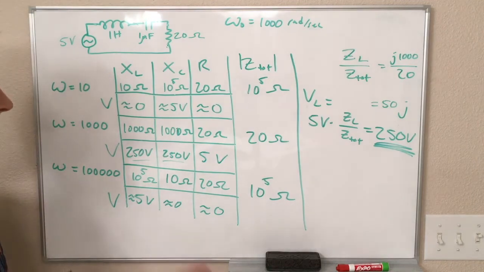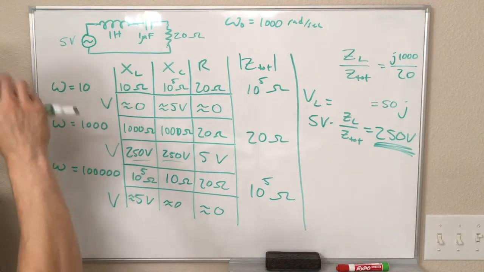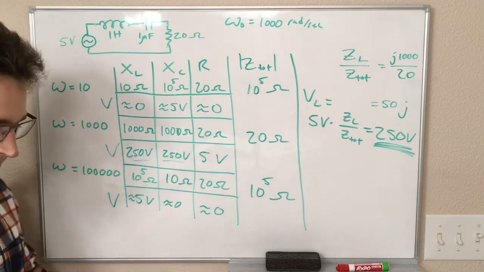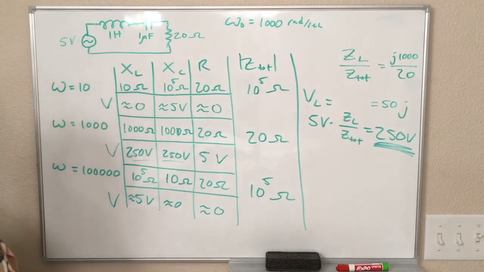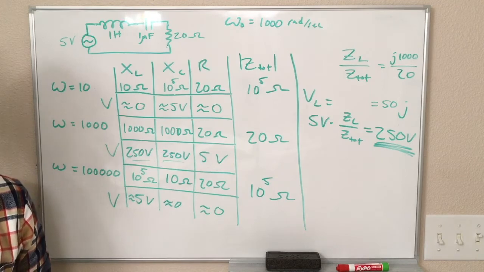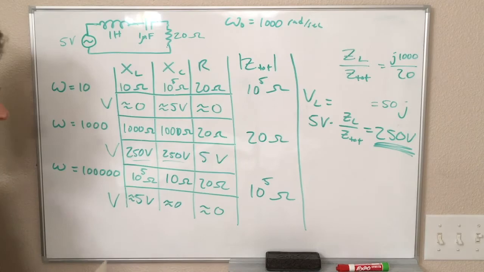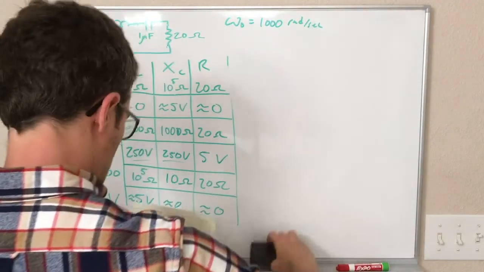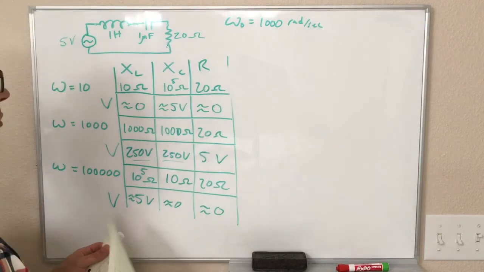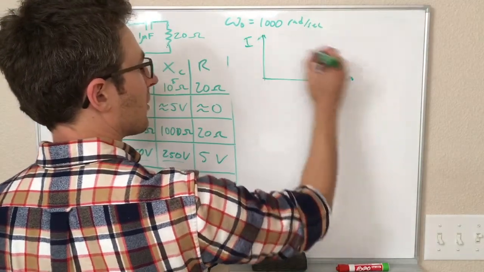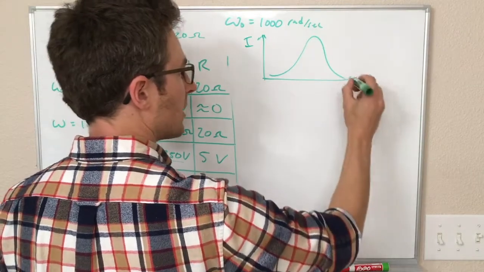Okay, so this has been a fun tour of a resonant circuit, and I think we've seen some important things here. While we're working on this, we might as well calculate our other resonant variable values as well. So let's erase a little bit to make room for that. For this resonator, remember we have some graph of current versus omega that looks kind of like this.